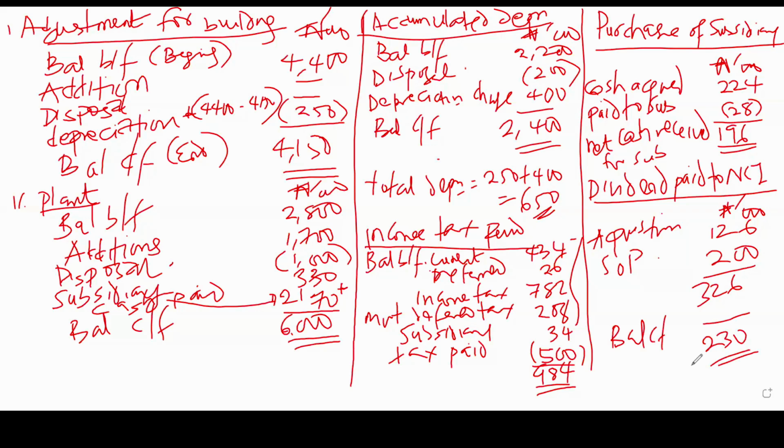Then what could have been the case? We must have paid dividend. And that dividend paid to them would have been the difference between 326 and 230. 326 minus 230 will give you 96.